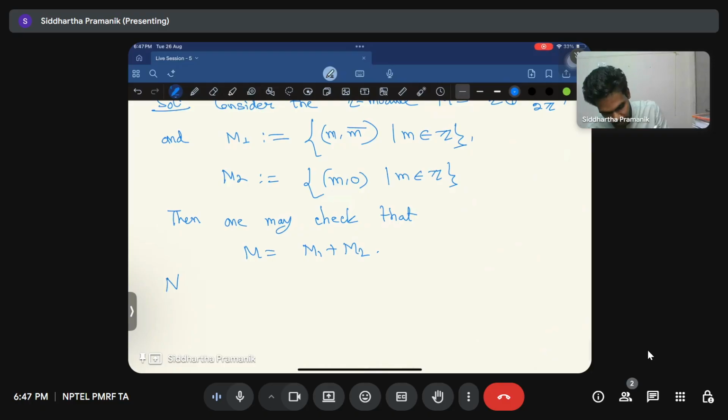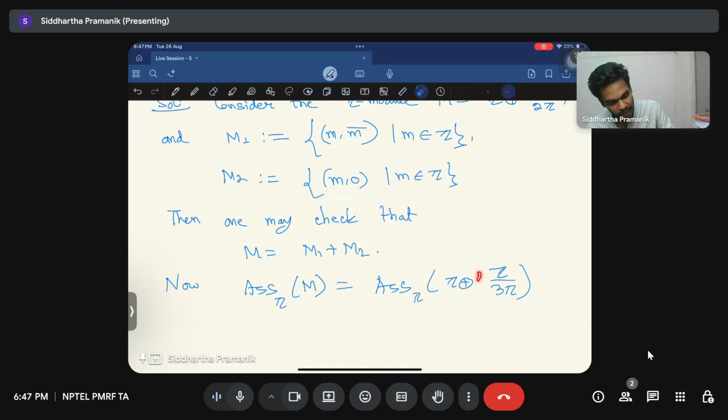Now let's start with the easier one. What are the associated primes of M over Z? So this is basically the associated primes of Z direct sum Z mod 2Z over Z. Since it is a direct sum, we can again use the same trick.